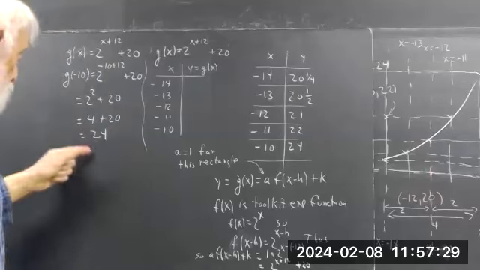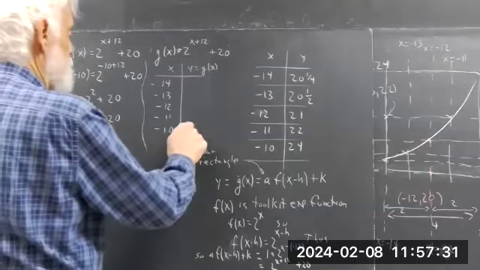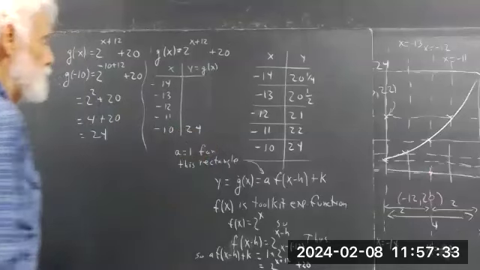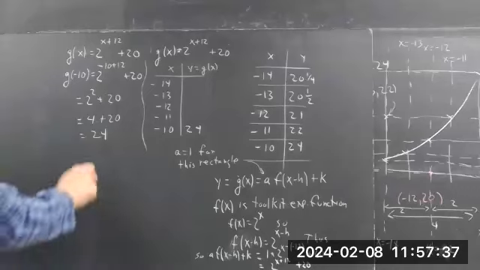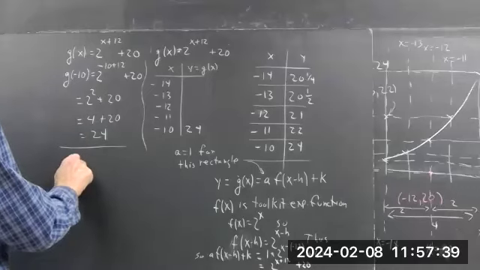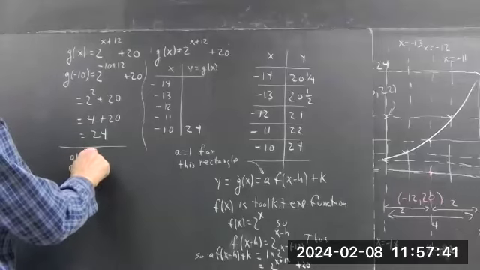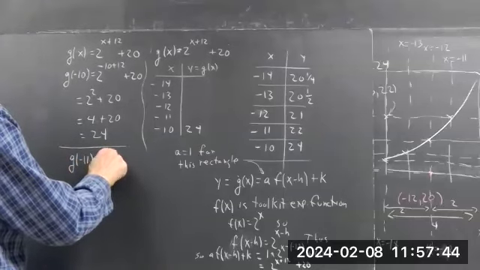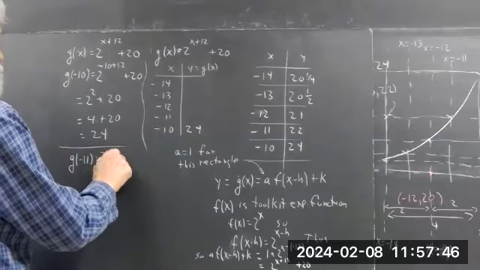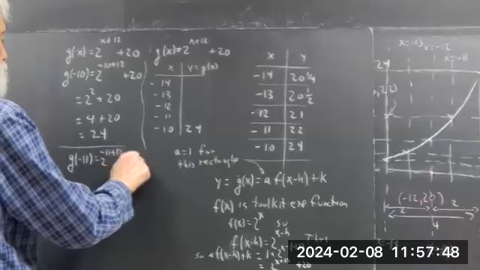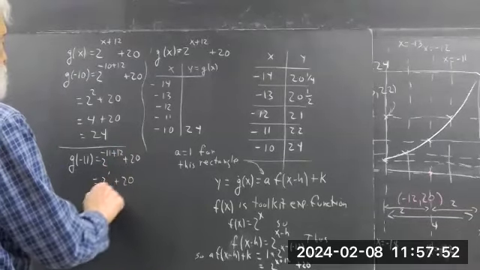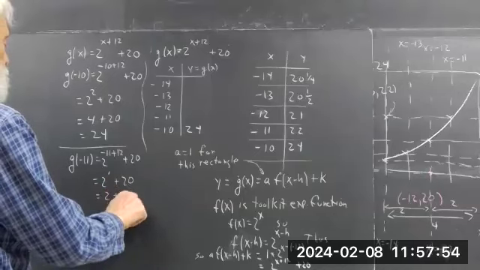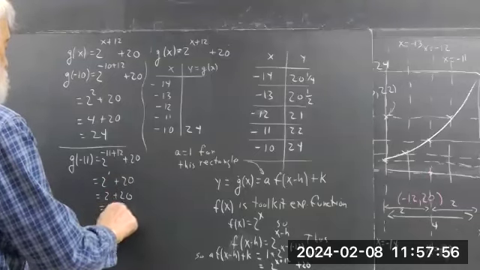And we get 2 squared plus 20, which is 24. We write 24. Then g of -11 is 2 to the -11 plus 12 plus 20, which is 2 to the 1 plus 20, which is 2 plus 20, which is 22.